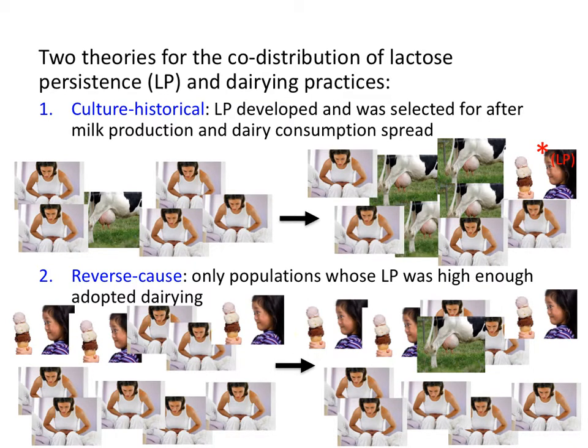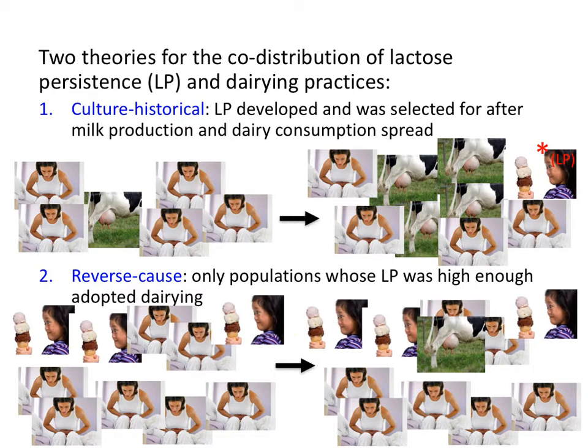So this hypothesis, culture historical, suggests that culture happened first. The dairying practices happened first, and that provided the opportunity for when somebody got the mutation that let them use the milk in their digestive system, all of a sudden now it spreads, and everybody in the population over some number of generations inherits that beneficial trait.